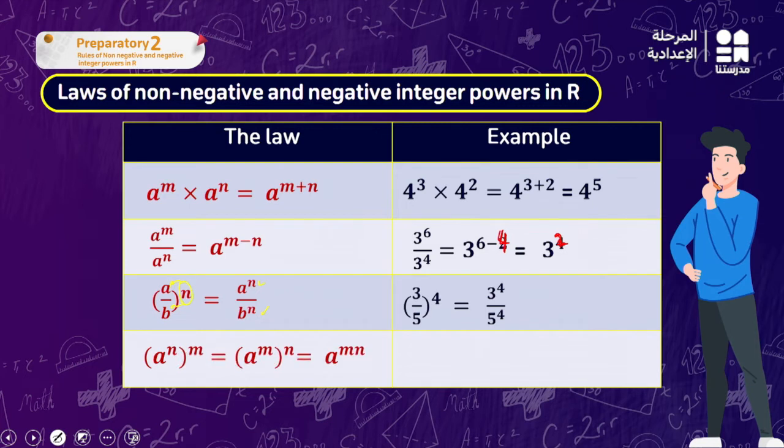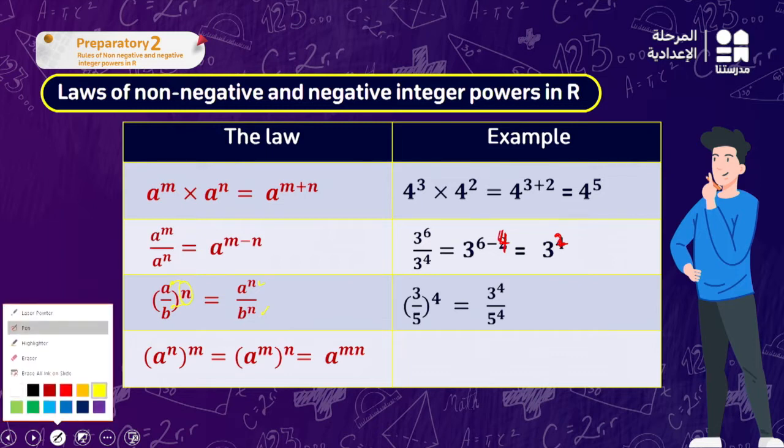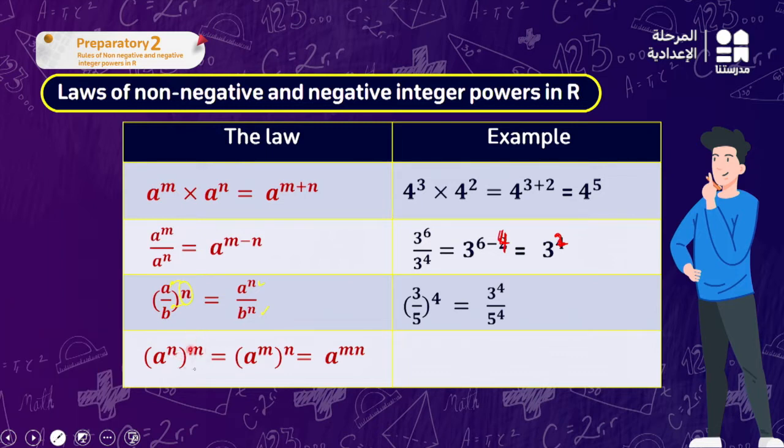Next, a to the power n all to the power m. Power of power is what? Yes, multiplication. When we take a power of a power we can also exchange them. So a power n all power m is equal to a power m all power n, and the result is a power m multiplied by n.